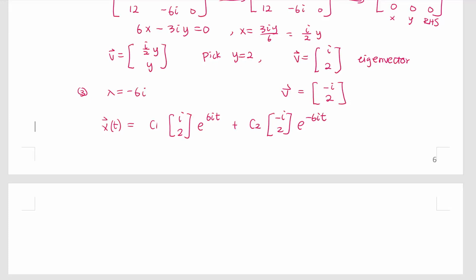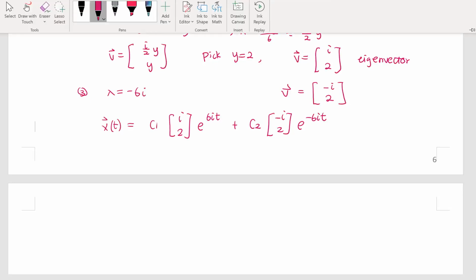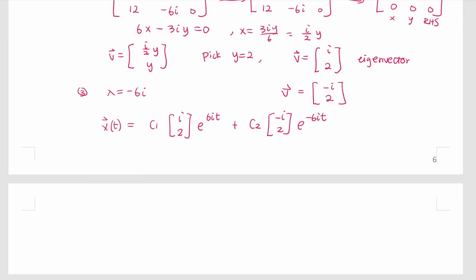But remember when you have complex eigenvalues, you're going to express your solution in terms of real functions. How do we do that? Look at the first solution.